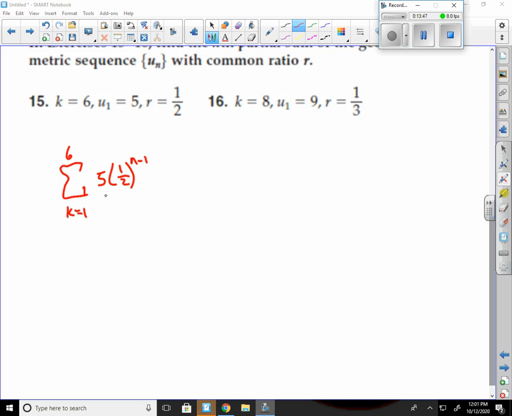In order to do this, we don't need to find each term. Remember, there's a formula for this.